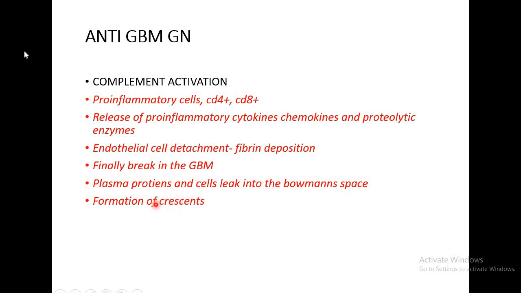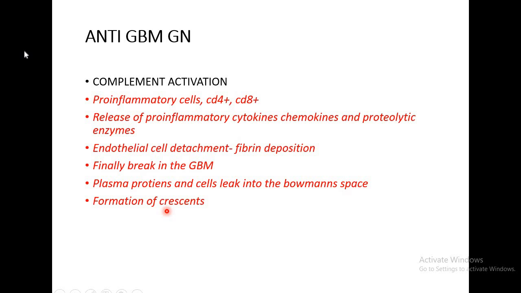See, crescent formation is a classic feature of rapidly progressive glomerulonephritis, and the literal meaning of the word crescent is to increase or to grow. What happens in crescent formation is, in the Bowman space there will be an increase in cellularity because of damage to the capillary wall.